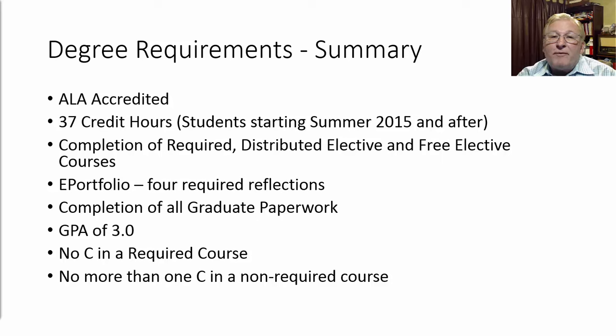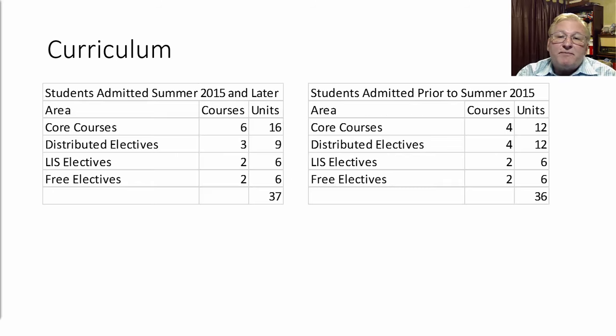Thesis is optional, however, we do require completion of an e-portfolio consisting of 4 substantive written reflections, and I cover that in a separate video. I also cover graduate paperwork and academic progress in separate videos, so let's move on to the course requirements.